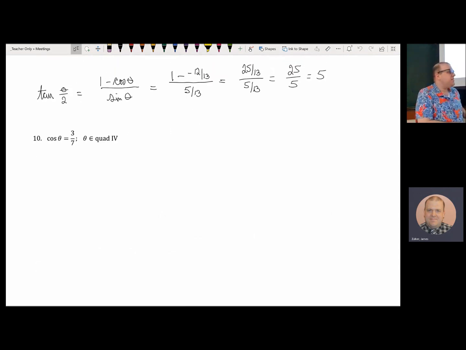Cosine is 3/7, and theta is located in quadrant 4.